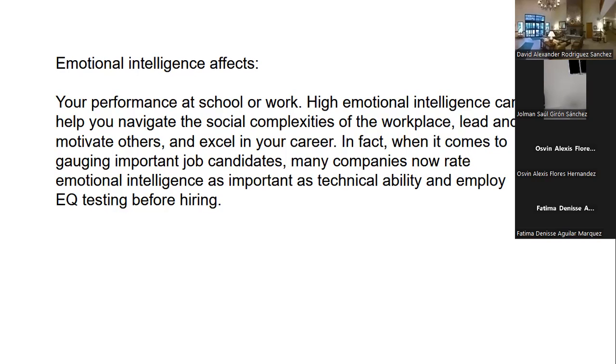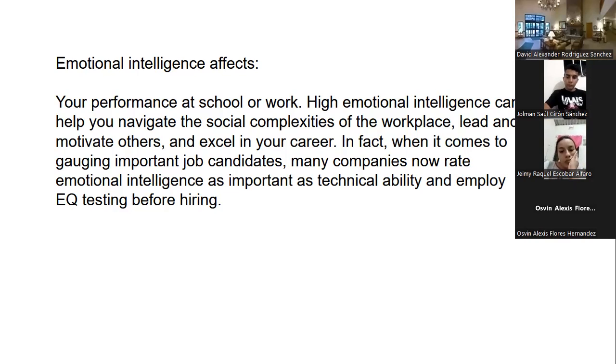In your career. In fact, when it comes to gauging, what is gauging? Anybody knows? I don't know. Okay, gauging is a verb that refers to when you evaluate the impact of something. That is gauge. When you evaluate how big something is going to be, how it's going to impact you. So that is gauging.